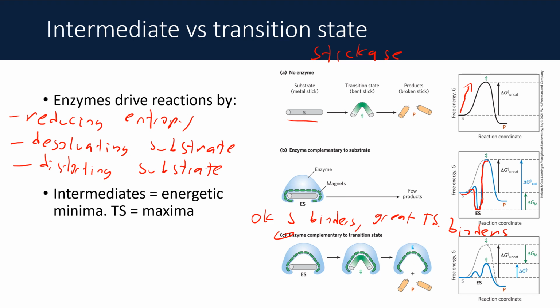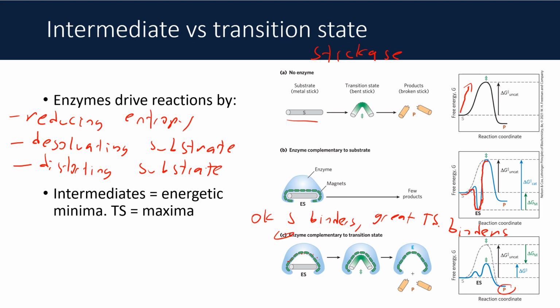But we're not done yet. The magnets all over here on that inner curve are coaxing that stick to bend and adopt this uncomfortable transition state. And that's how the enzyme helps the substrate go in the direction of the products.